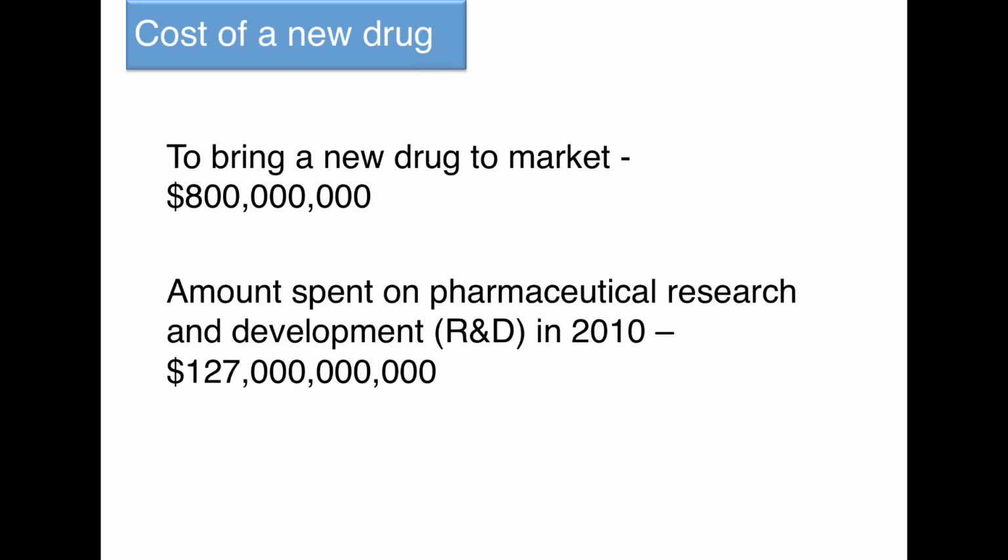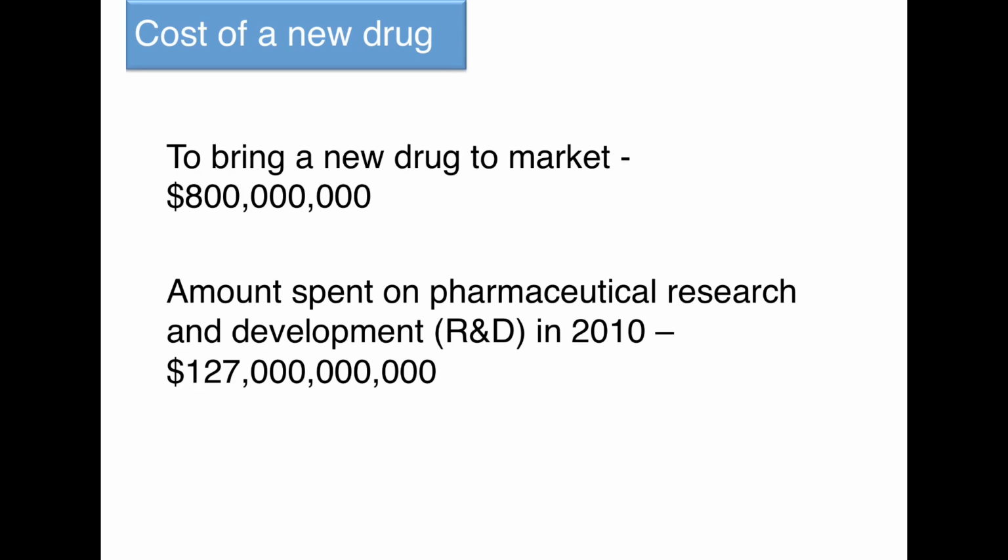Now, the second most important point that you should know about drug development is that bringing a new drug to the pharmacy is extremely expensive. We're talking about in the range of almost $1 billion for a single drug to become a drug that you find in the pharmacy.